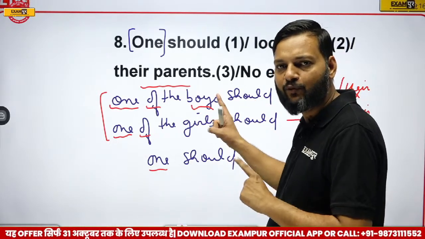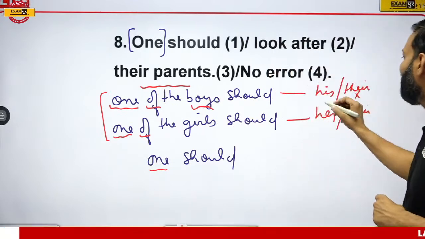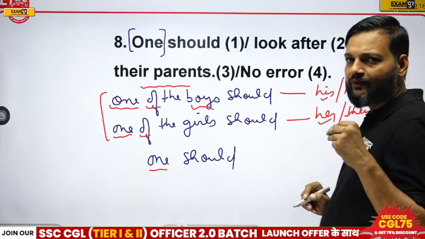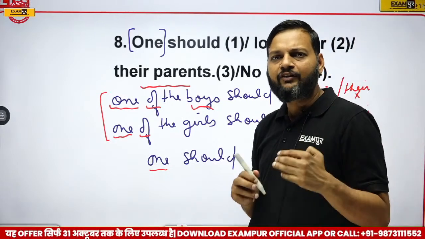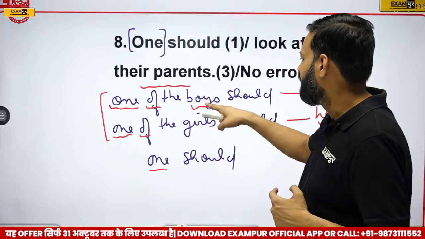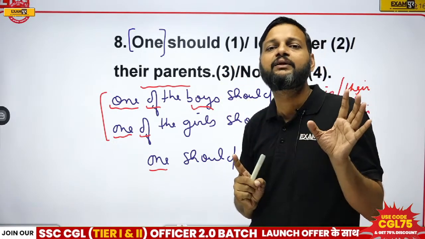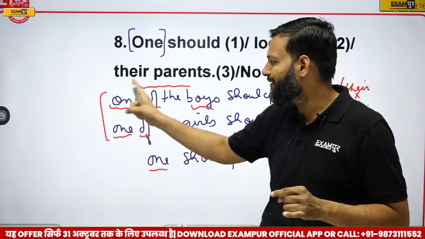So here we are talking about boys, so in this sentence possessive should be his, and in this sentence we are talking about girls. Don't ever think that if we have plural noun, the possessive should be their. Possessive will never be their because the subject is one.